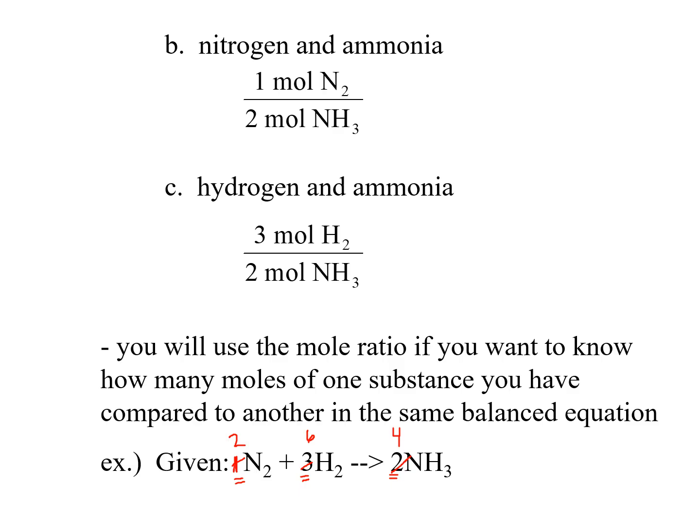If I change one, I have to change them all by the same amount. Now, this is a really simple example, but they're not always going to be this simple. So again, I want you to learn how to write out some work that will help you do any kind of problem, no matter what numbers I throw at you with that balanced equation.